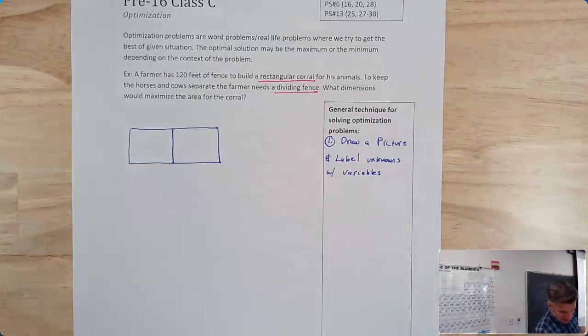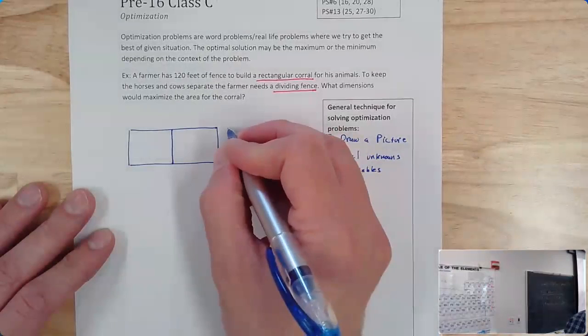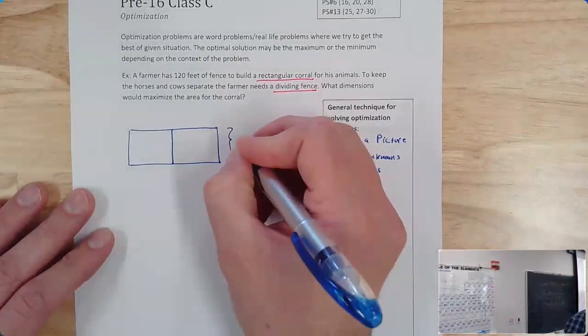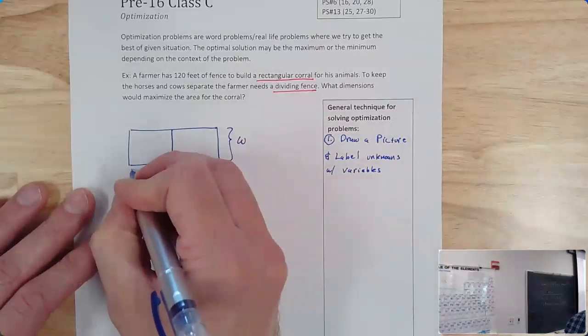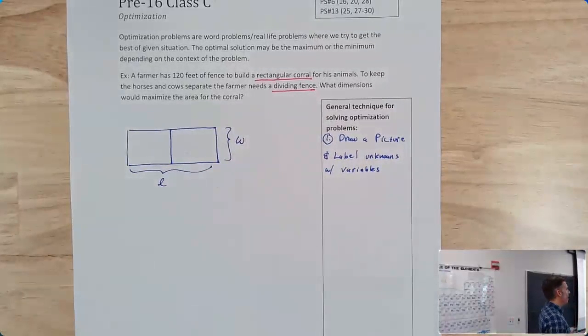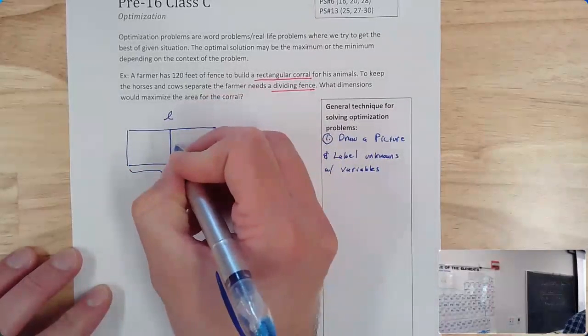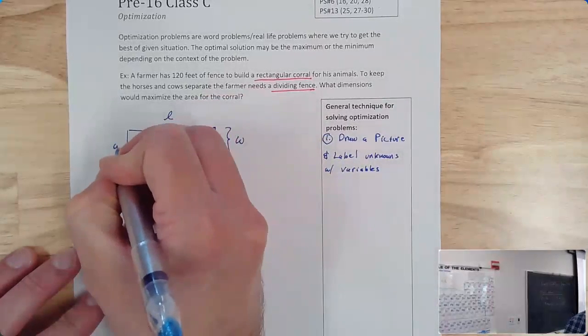I'm going to call this side here the width, and this side here the length. You can use X and Y, you can use A and B, whatever you like. And I could label all the other sides too. So technically, this side up here is also the length. This side here is also the width. This side here is also the width.